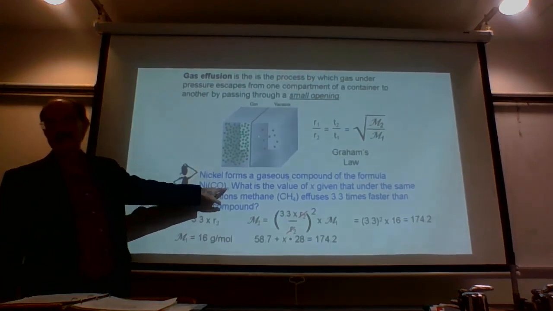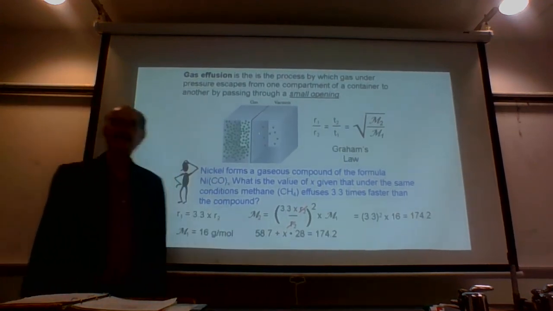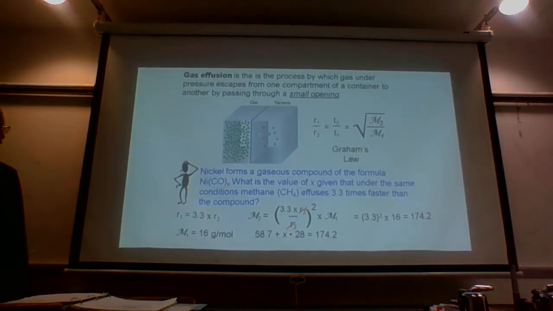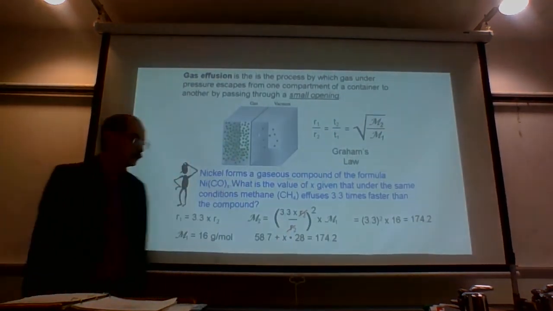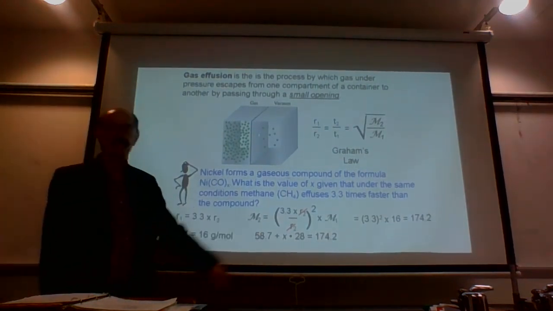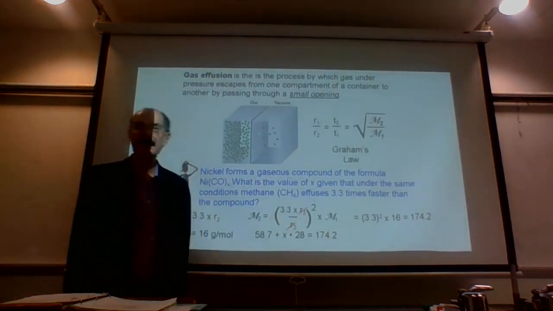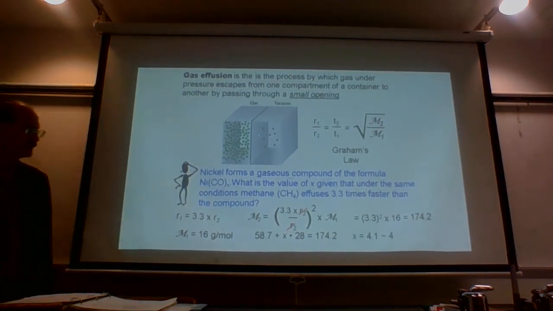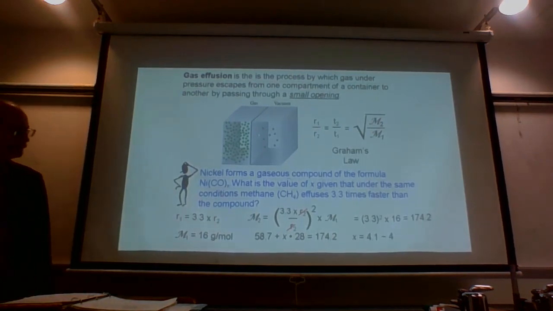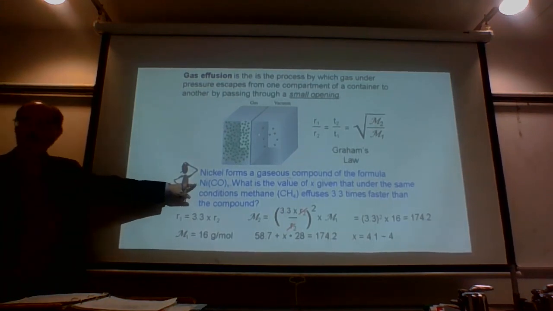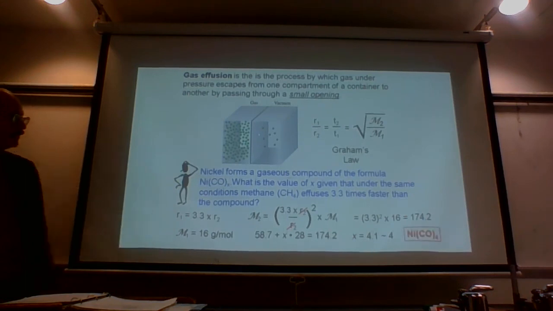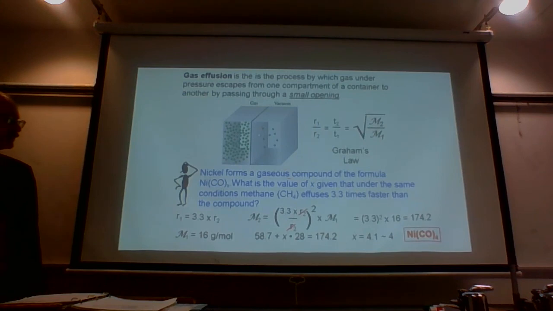But I have X units of that. All right? And that has to add up to 174.2, which means I can subtract 58.7, divide that by 28, and I get that X is approximately 4. So that means that the formula of my unknown compound was Ni(CO)4, 4 units of carbon monoxide for every atom of nickel.